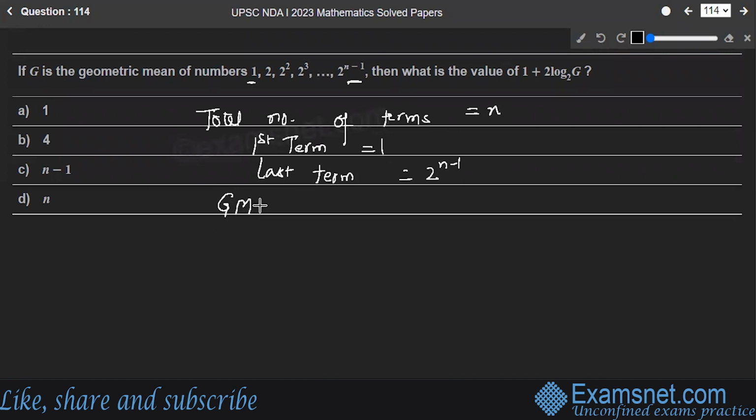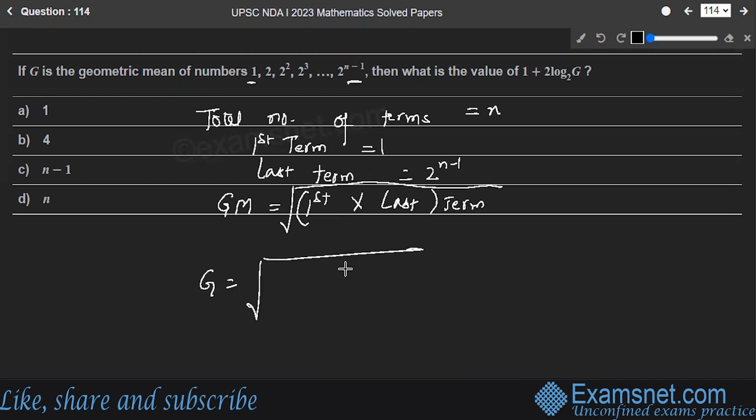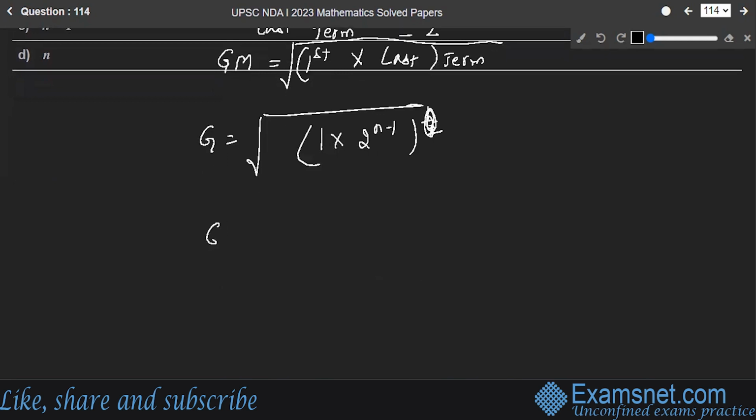Now, the geometric mean is equal to the first term multiplied by the last term, raised to the power 1 by 2, or under root. So G is equal to root of 1 multiplied by 2 raised to power n minus 1, whole raised to power 1 by 2. So G is equal to 2 raised to power n minus 1 upon 2.